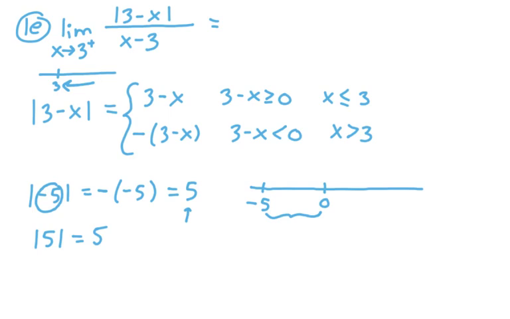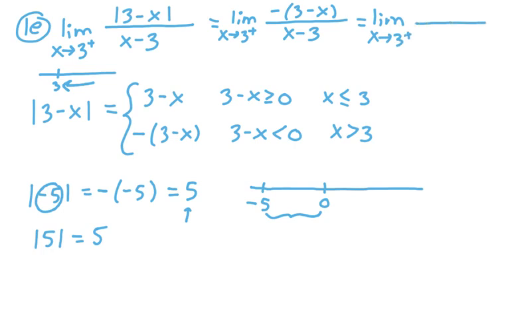And so what you're going to get is the limit as x approaches 3 from the right of the opposite of 3 minus x, divided by x minus 3. This is equal to the limit as x approaches 3 from the right of x minus 3 in the numerator and x minus 3 in the denominator. Now, let's go to the next page.